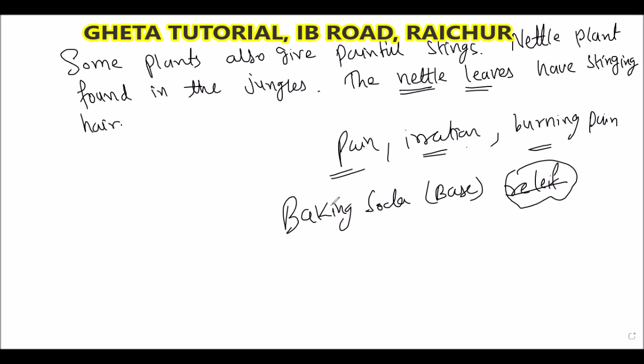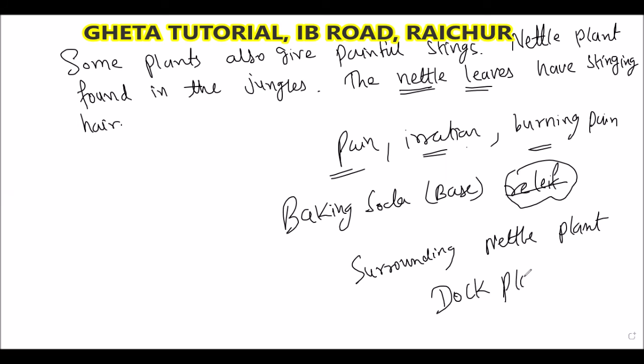Suppose you do not have baking soda. No need to worry, because in the jungle, where will you get baking soda? There will be a dock plant. Yes, exactly correct. Surrounding the nettle plant, there will always be one more plant available, called the dock plant.